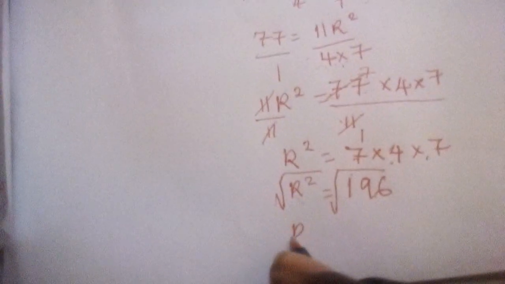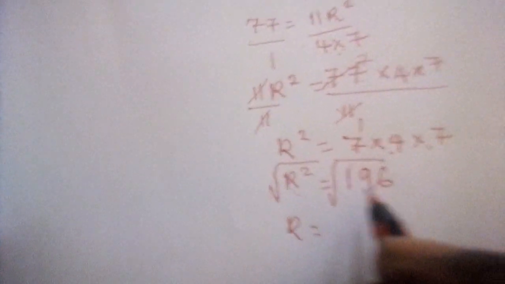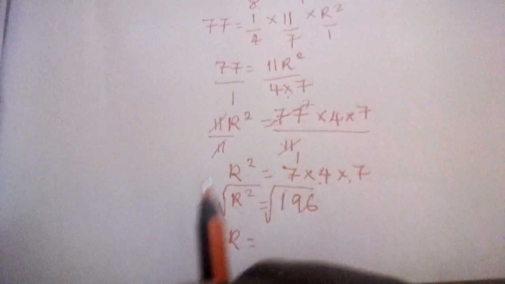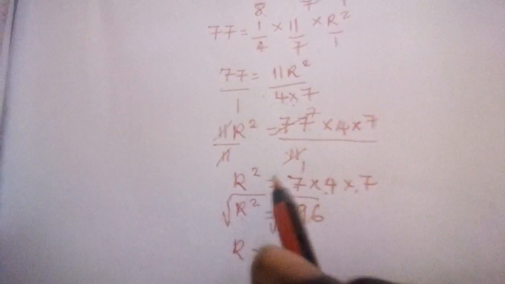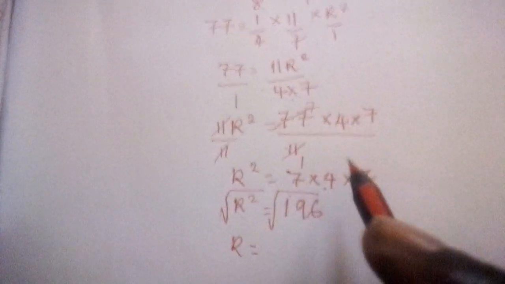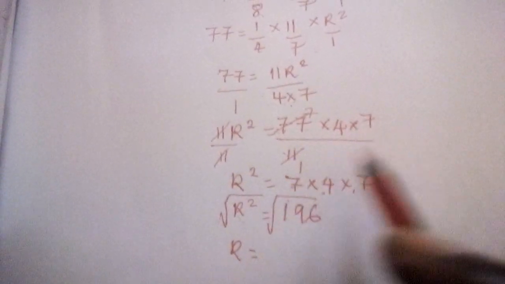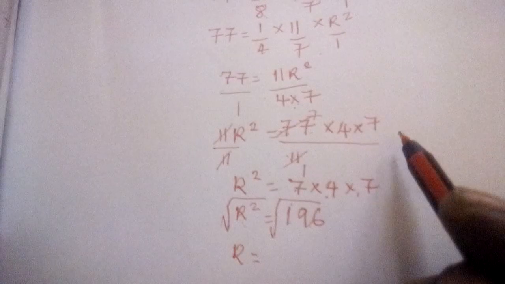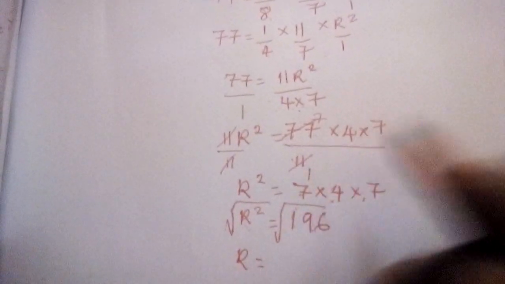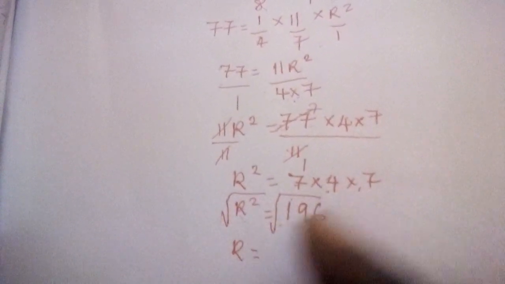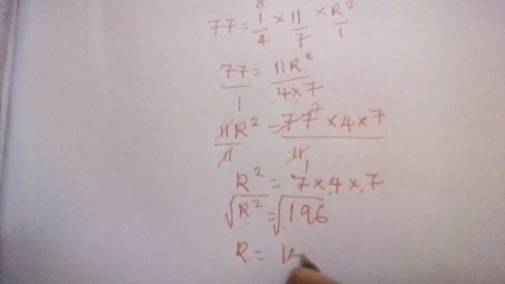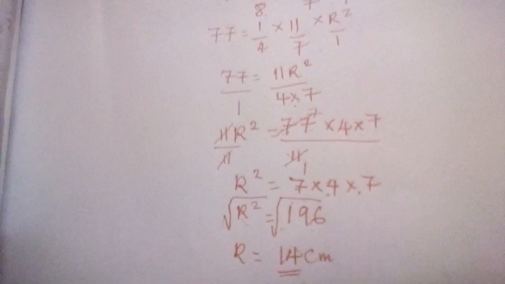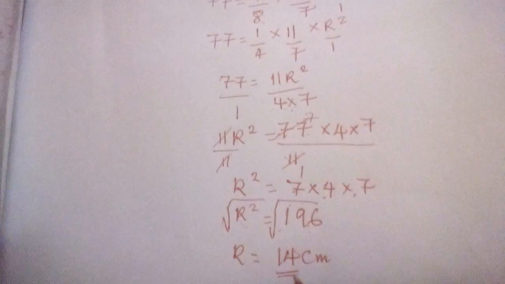You need to train yourself to find the perfect squares from 1 up to 20. 1 times 1, 1, 2 times 2, 4, 4 times 4, 16, 5 times 5, 25, you need to know all those things. So when you reach here, you discover that the answer is actually 14. So by so doing, you would have found the value for R without using a calculator.